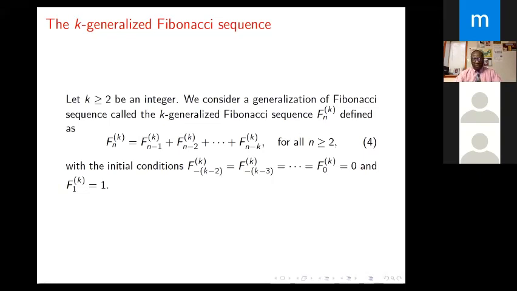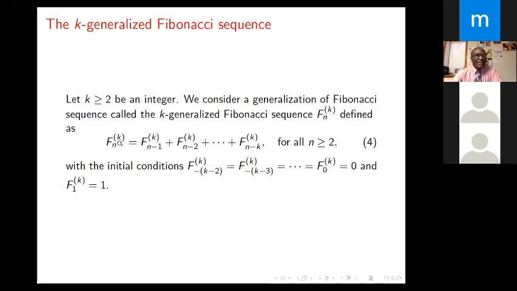Now, for the audience, we have done this for Fibonacci numbers, Pell numbers, Padovan numbers, but now there are what we call generalized Fibonacci sequences. So a generalized Fibonacci sequence is defined for k greater or equal to 2, an integer, by the relationship here.